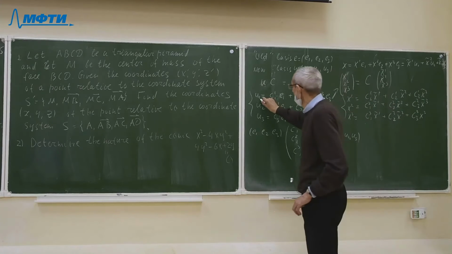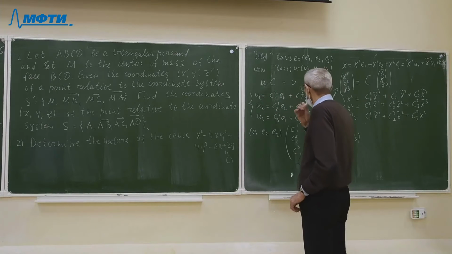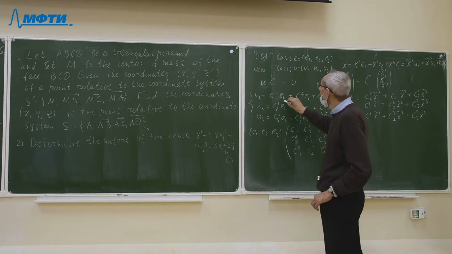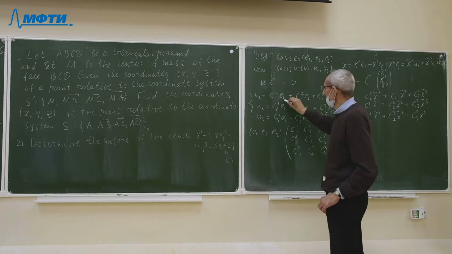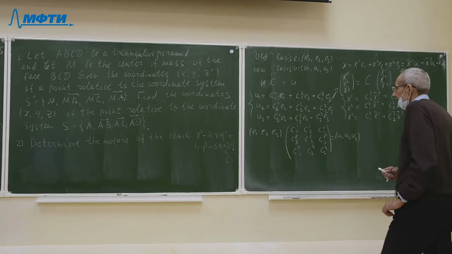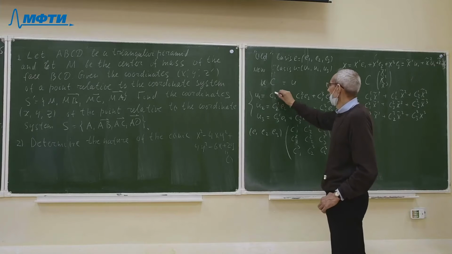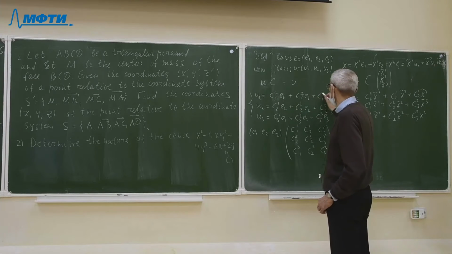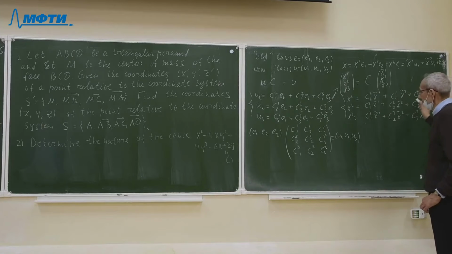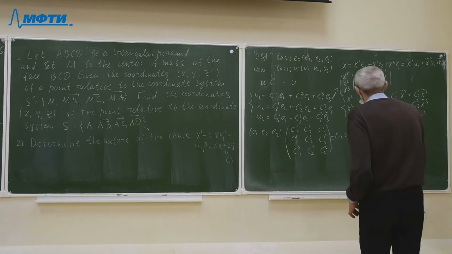In the other case the lower index is fixed, but the upper indexes change. We sum over intersected indexes: up, down, up, down, up, down. In this case, down, up, down, up, down, up.